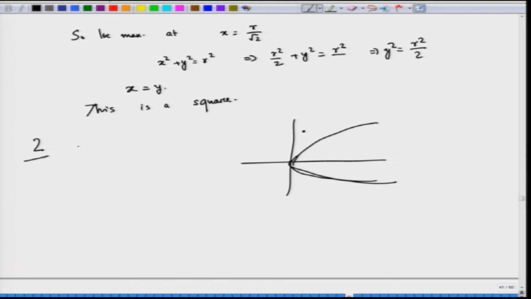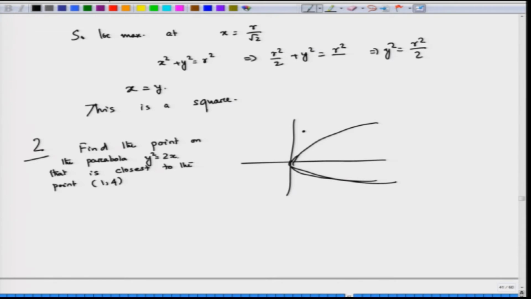That means, find the point on the parabola y square is equal to 2x that is closest to the point (1, 4).